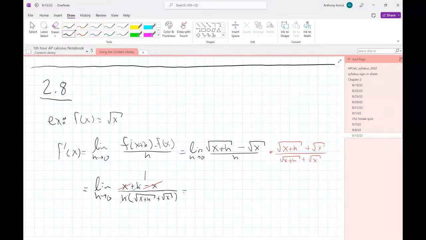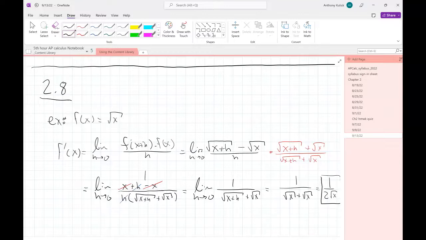So I'm left with just a 1 on the numerator. So far, so good. And if I do the direct substitution here, I get 1 over 2 times the square root of x.